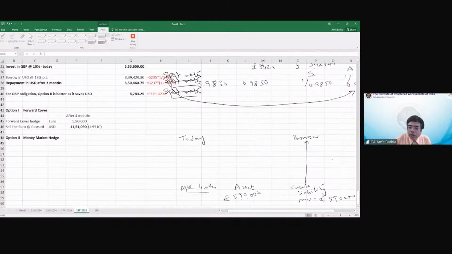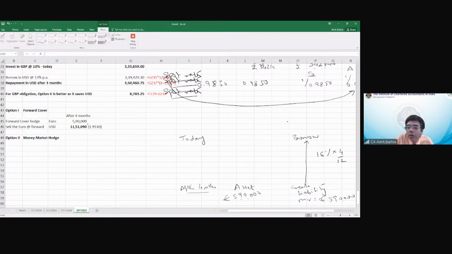So borrowing here will be at 16% for 4 months, into 4 upon 12. Very good. Because the majority of students make a human error by dividing it by 4 because they see 4 months, and that is what they are used to. So 16% into 4 upon 12.